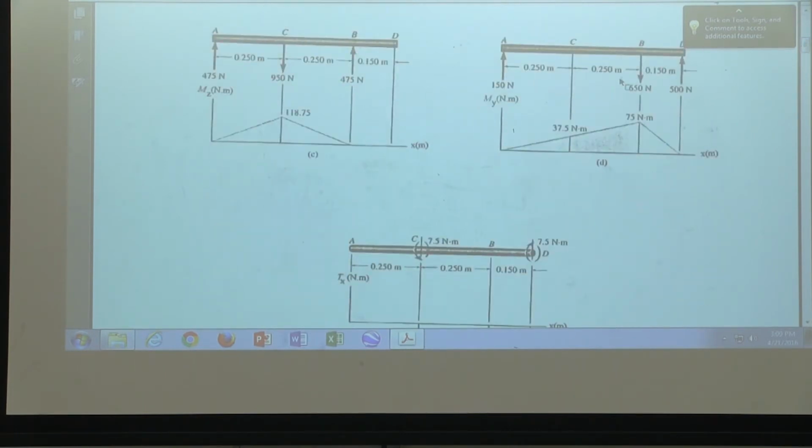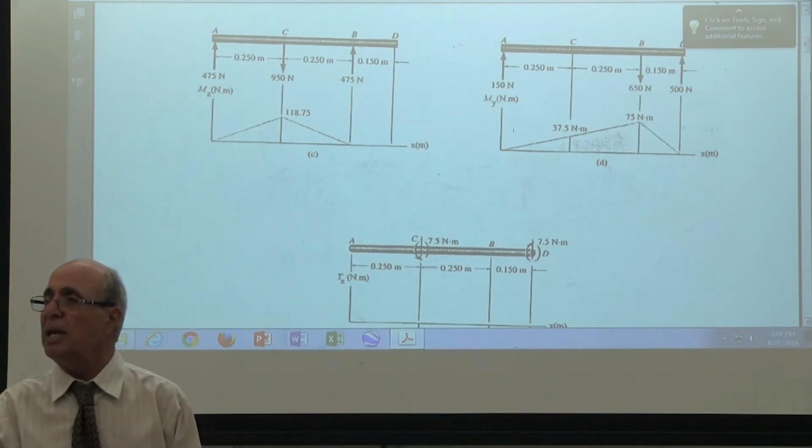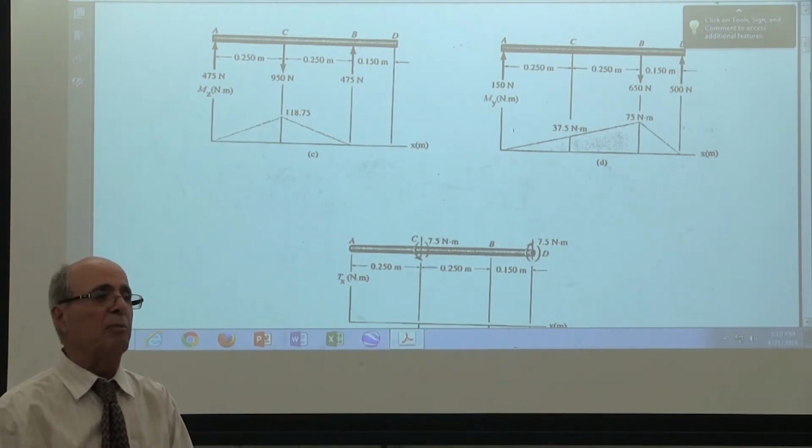This is 650, but they are showing it vertically, though it is actually happening horizontally. Then again, this is a beam and this is the moment diagram, but this time it's not MZ, it is MY. All of this is doable by you because you have gone through statics, through ME 218 and partially 219, learning about MX, MY.